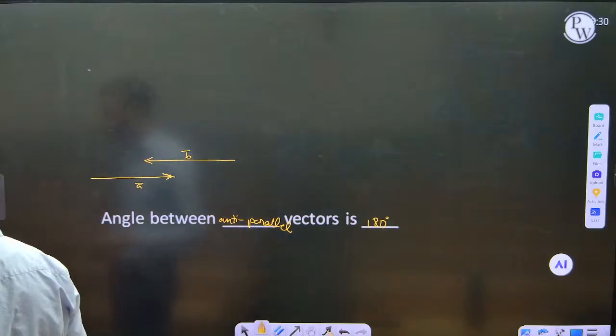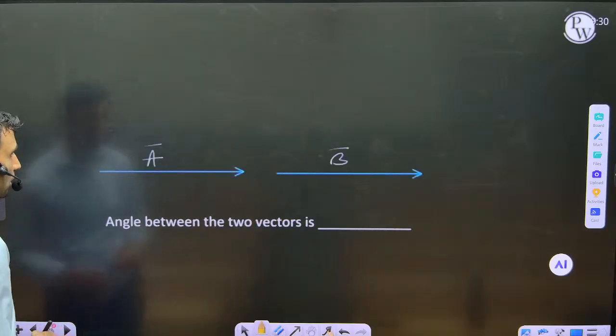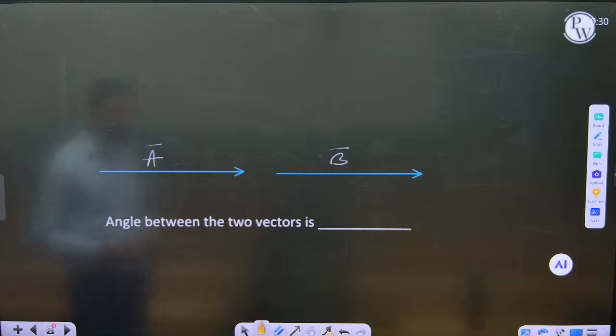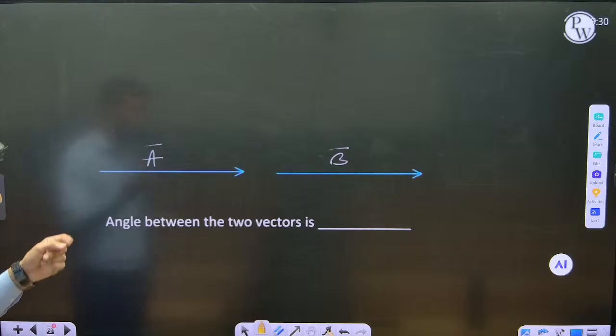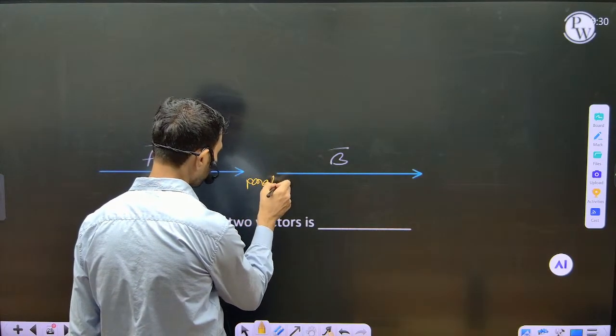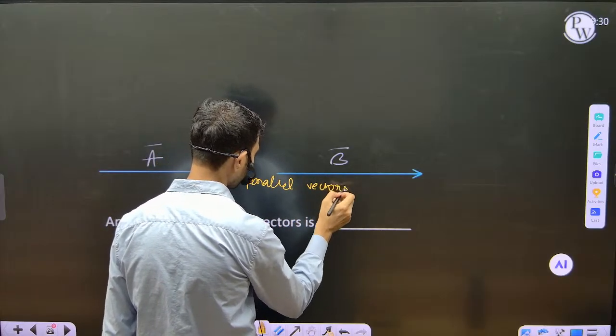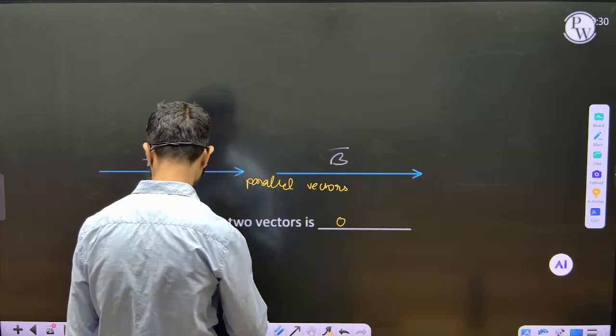Right? Now, the angle between two vectors, they are also parallel vectors, right? The angle will again be 0.